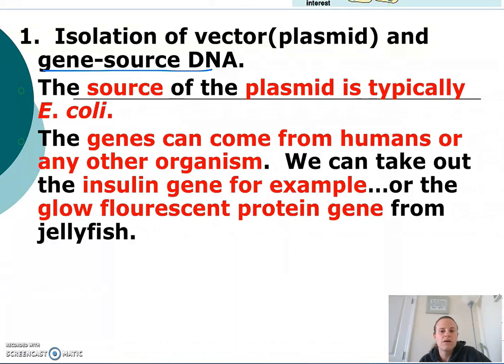The source of the plasmid is usually E. coli, which is bacteria. And then the gene source DNA can come from humans, or might come from another organism, the insulin gene, for example, or the green fluorescent protein gene.